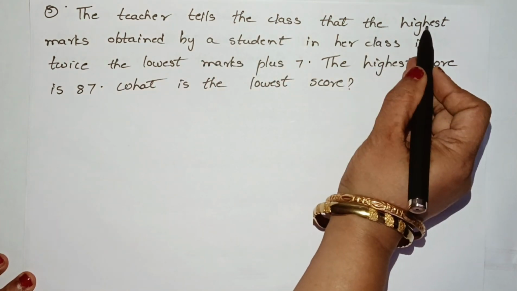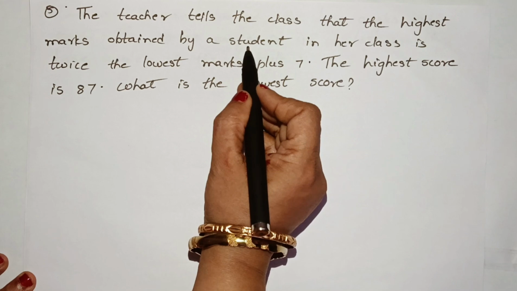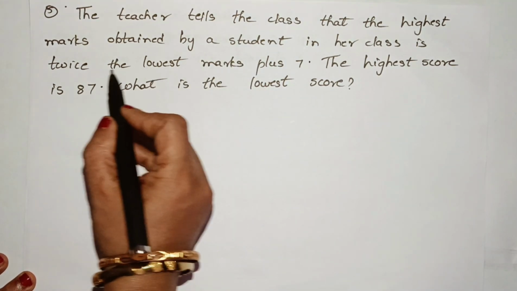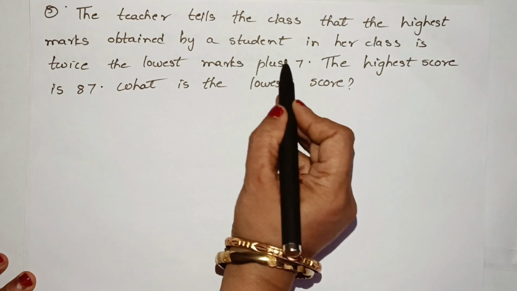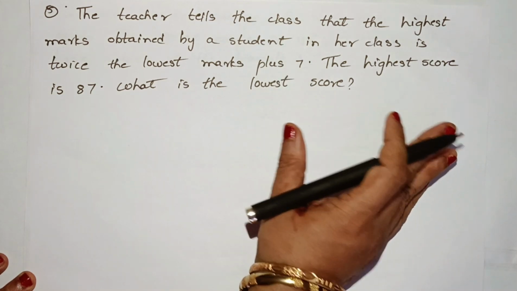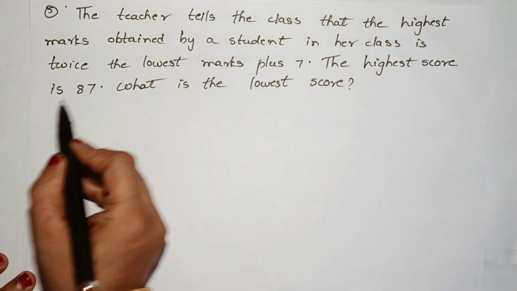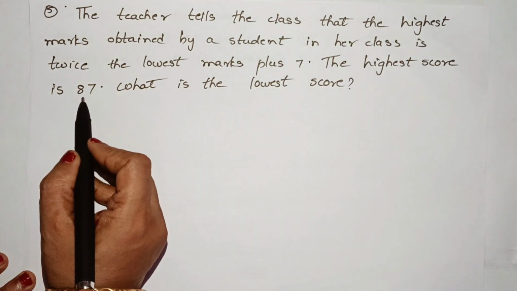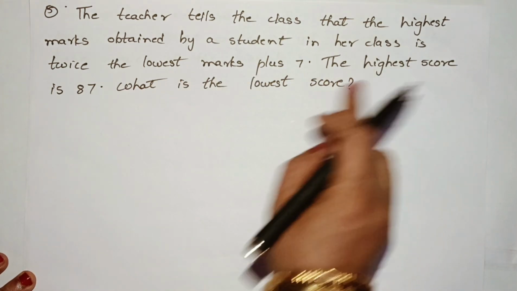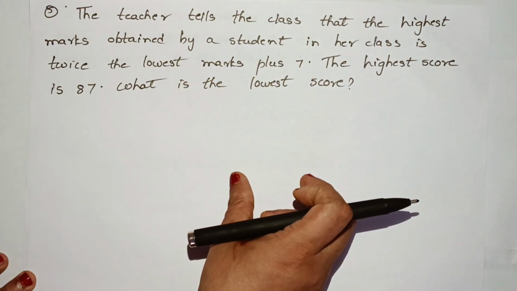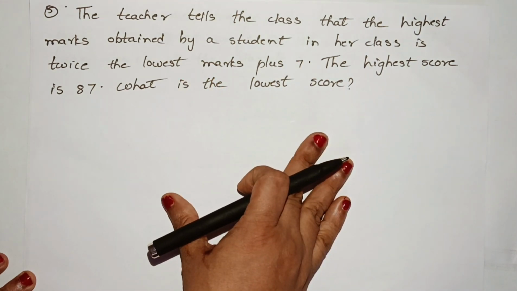Given that the highest marks equals twice the lowest marks. It means 2x plus 7. Understood till here? Now apart from this, they have also given the highest score. And what is the highest score? 87. So in this way you got equation 1, equation 2. You have to equate both the equations and then get the answer.